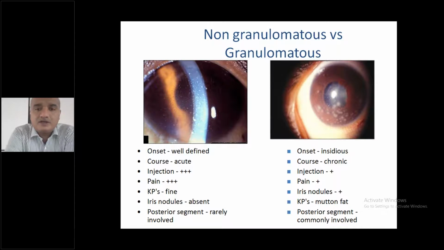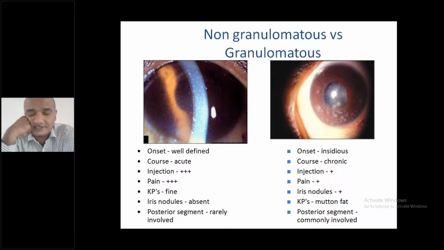So basically, you have to know the differentiation between granulomatous and non-granulomatous uveitis. This is a commonly asked question in your exams. The etiology for non-granulomatous uveitis is connective tissue disorders, whereas in granulomatous uveitis, it is tuberculosis, syphilis.